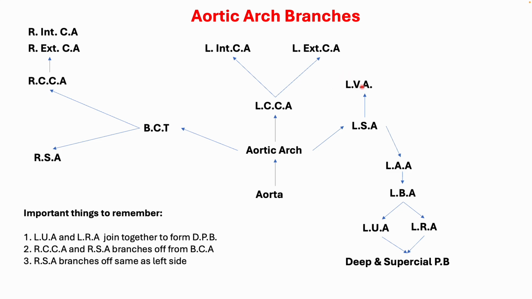The vertebral artery is important for supplying the posterior aspect of your brain. So your brain receives blood supply from two major arteries: the internal carotid artery, supplying the front, and the vertebral artery, supplying the back of the brain.